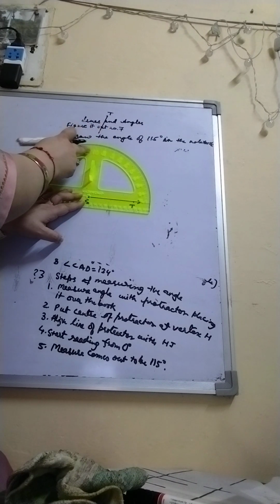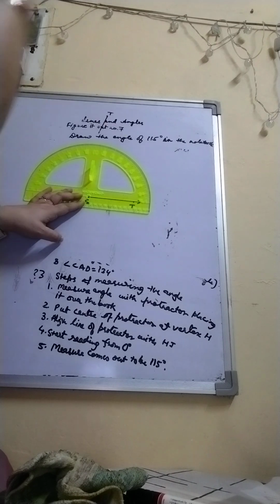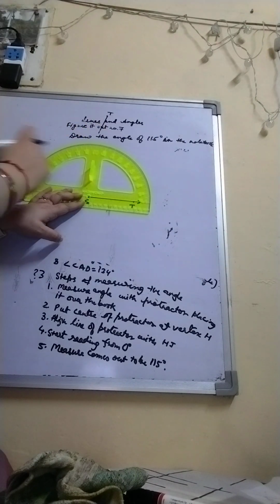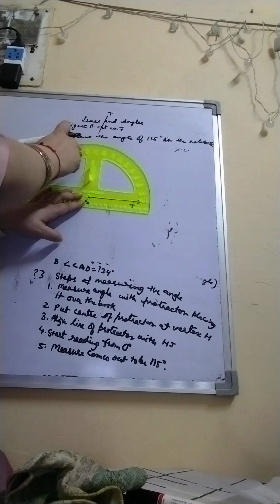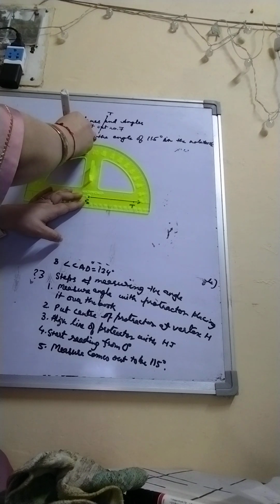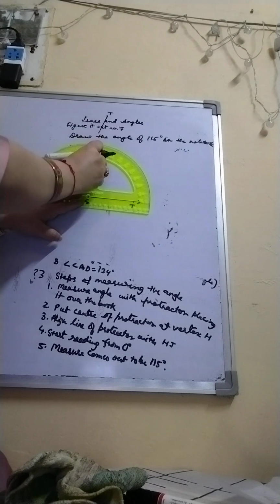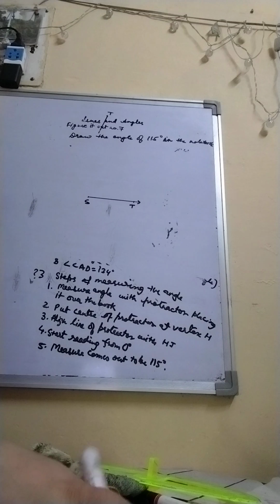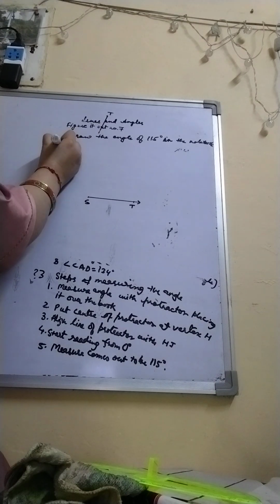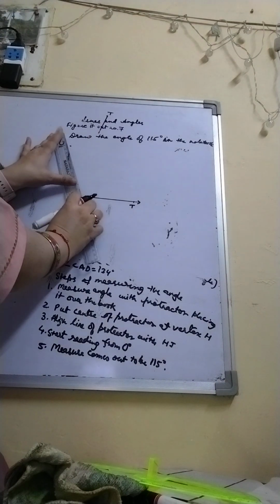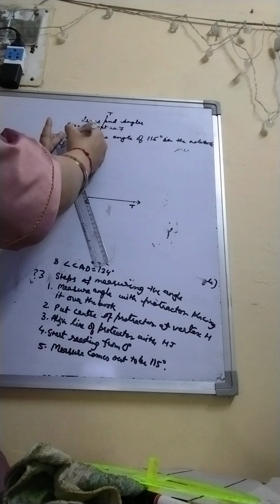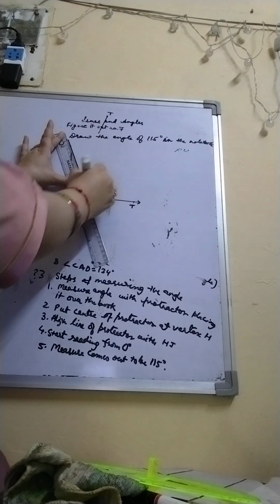After 90 you have to read larger because you have to make 115. So 90, 100, 110 and then 5 lines more gives you 115. Put the dot, mark it as U, join the dot with S.